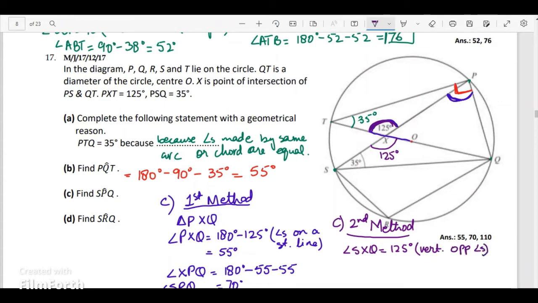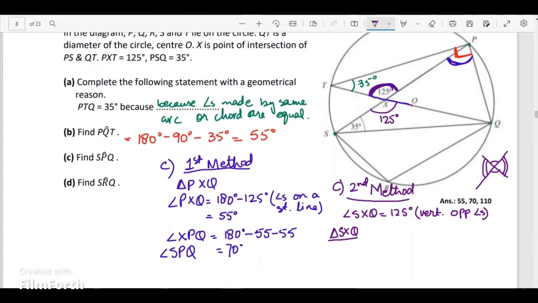Just to recap, vertically opposite angles, whenever you see an X or a cross forming, this and this angle would be equal. This right here would be equal to this angle right here. Now if you look at triangle SXQ, in that triangle you have two angles figured, angle S 35 degrees, angle X 125 degrees.